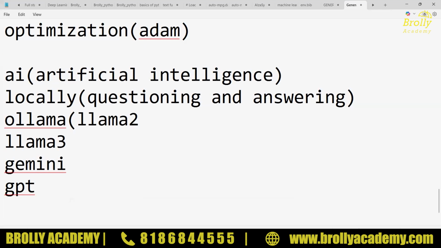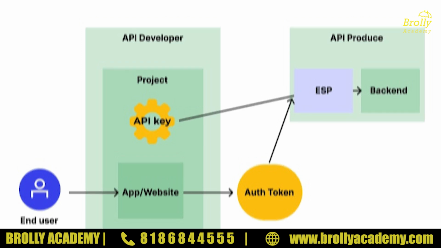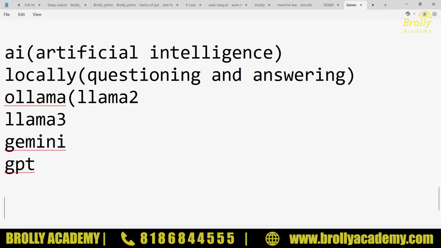In this, we will have different keys. Whenever we want to deploy any kind of application, we need the API key. If you are using Google, you need the Google API key. If you are using OpenAI's ChatGPT models, then you need the OpenAI API key.